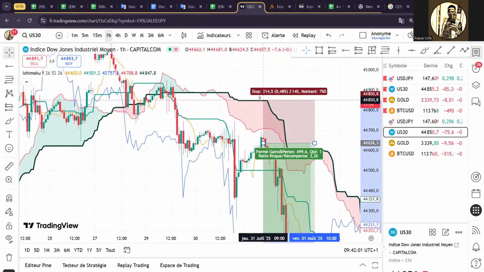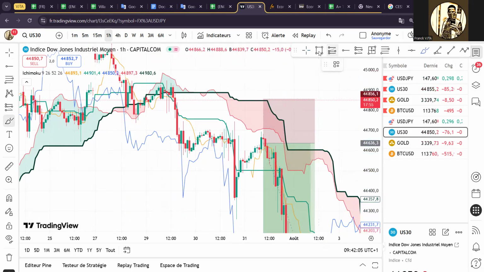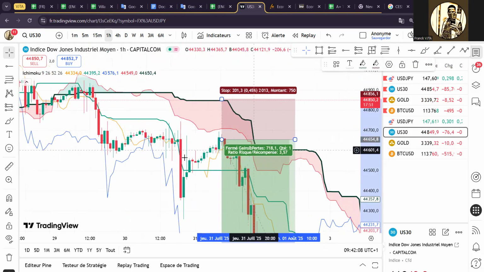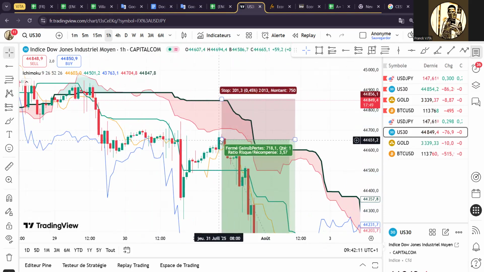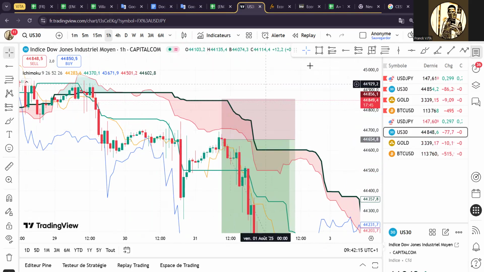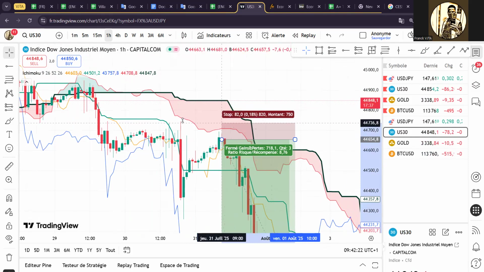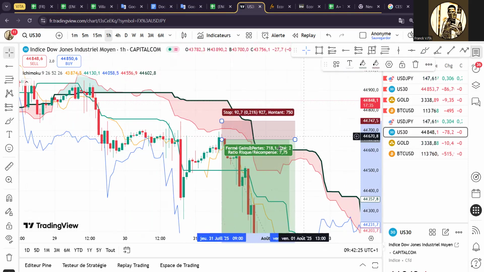We can take a stop loss on SSB, right? Let us take an entry. First, let us take this entry, this first red candle. You sell this ticket correction. And then if you take this stop loss at the SSB, you have a risk reward of 3. But if you take this stop loss at the V stop, you have a risk reward of 7.